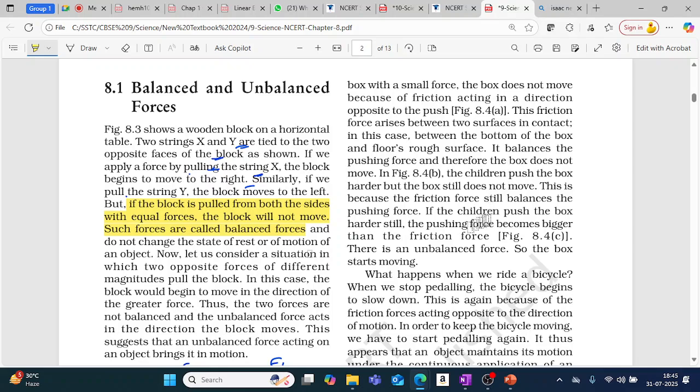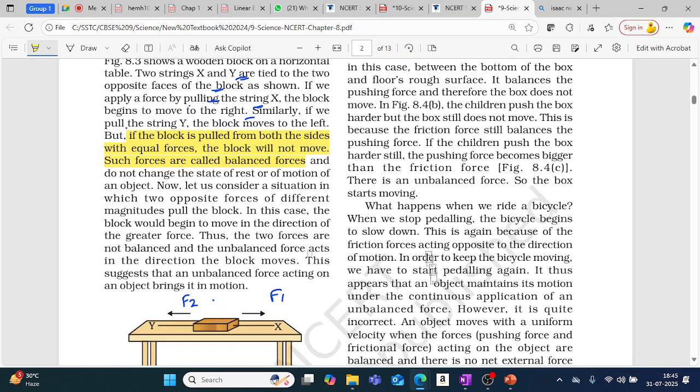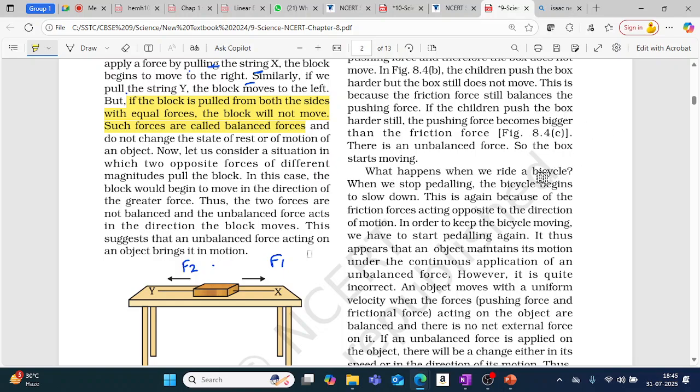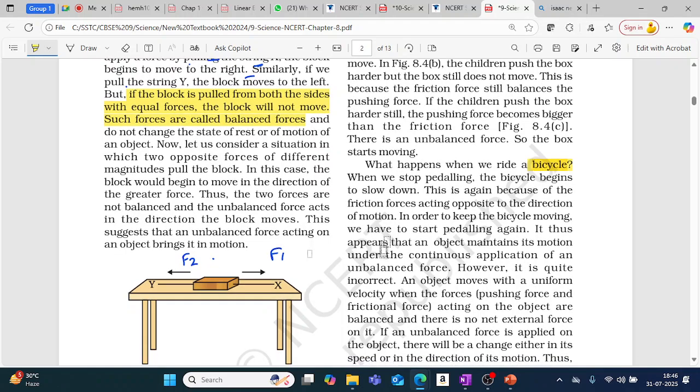So, what happens when we ride a bicycle? We are overcoming the frictional force of the road. Only then the cycle starts moving. So, we are applying more force than the frictional force.